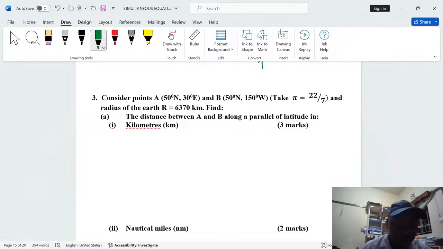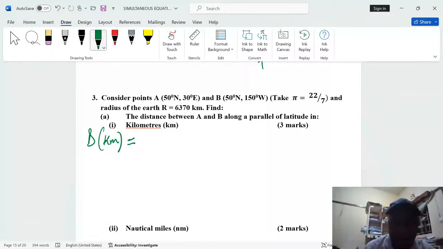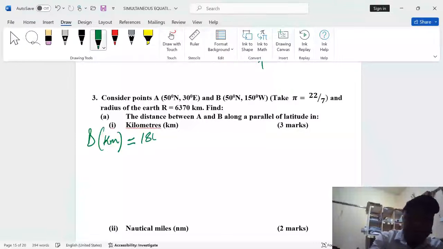So from A to B, the distance in kilometers along the parallel of latitude. Remember, we are moving from 30° in the east all the way to 150° in the west, which means there is an angle difference of 180.